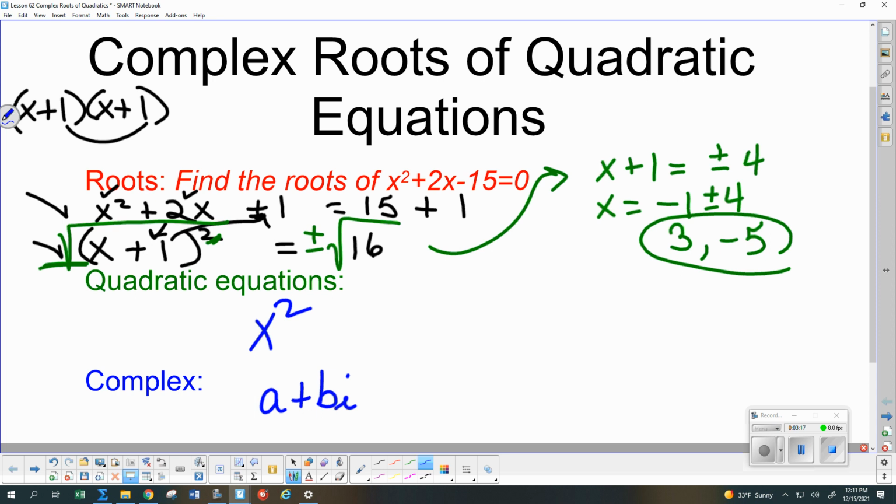But if we have a square root of a negative number, so the minus sign is on the inside, that's going to give us the imaginary part of this. So what's going to be happening is when we go through this process that we just reviewed up here with this one example, instead of having a positive number in there, I'm going to have a negative number where I had that 16. That sort of makes sense?